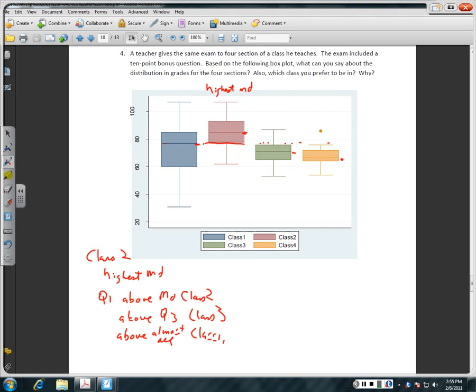See, there's really only one outlier here above the Q1 for that first class.